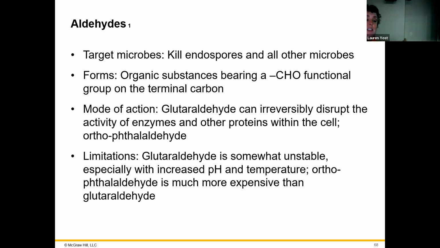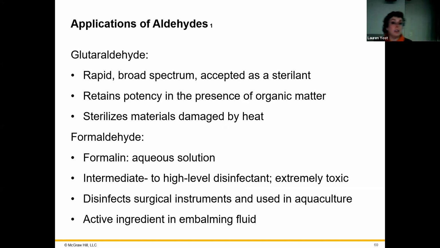So aldehydes, these are chemicals that can degrade proteins and disrupt the proteins. Sorry, I have the soapbox and I can't come down from it. So glutaraldehyde and formaldehyde are a potential for sterilization. Glutaraldehyde and formaldehyde can sterilize. And we can use glutaraldehyde a little bit more broadly for cleaning surfaces and objects and things like that.